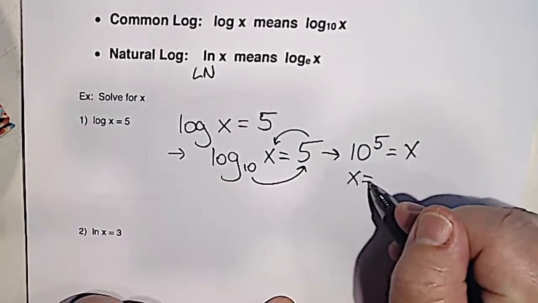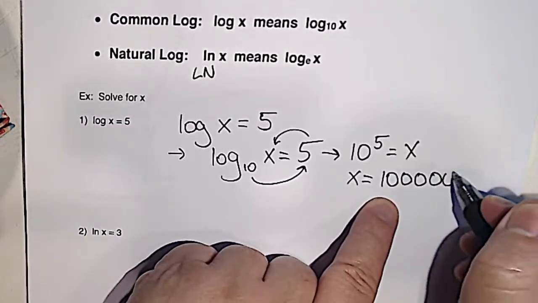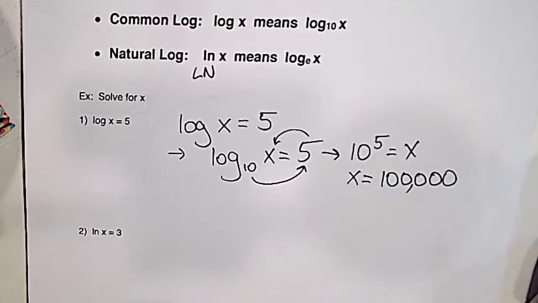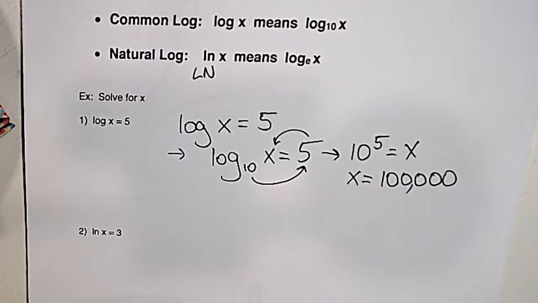So that means x equals 10 to the 1st, 2nd, 3rd, 4th, 5th. 100,000. Woohoo. 1, 2, 3, 4, 5 zeros. Remember, this is a little bit like scientific notation.